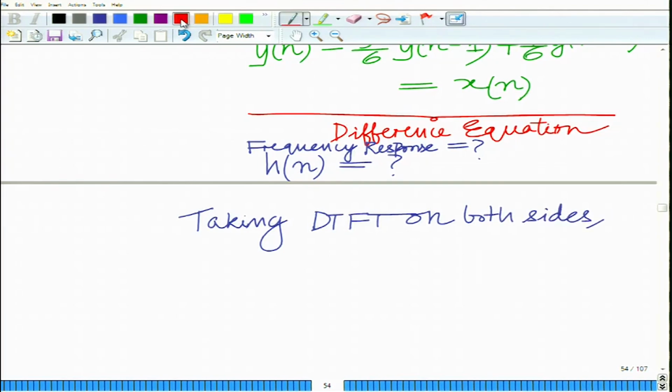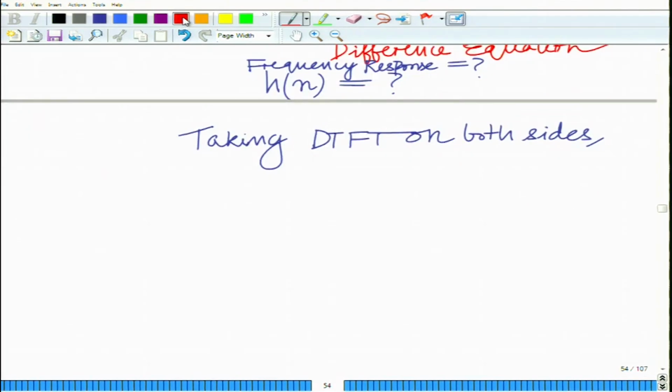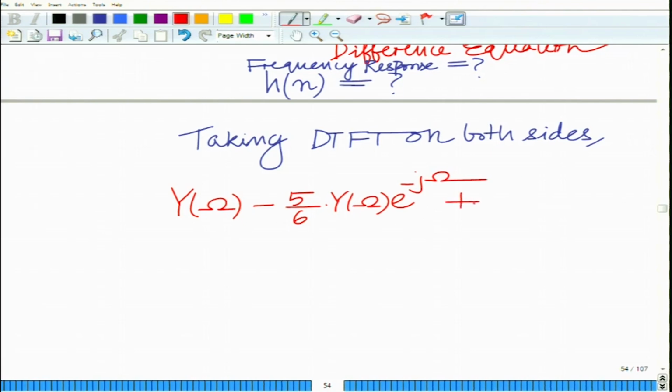The DTFT of y[n] is Y(omega), minus 5/6 times the DTFT of y[n-1], which is Y(omega) e raised to minus j omega, because time shift becomes modulation in frequency, plus 1/6 times the DTFT of y[n-2], which is Y(omega) e raised to minus j 2 omega.